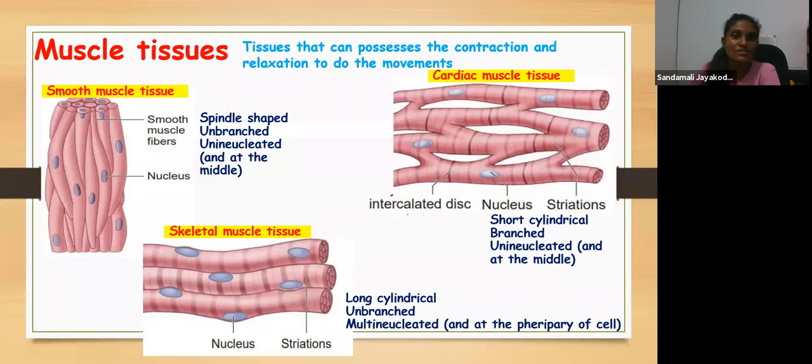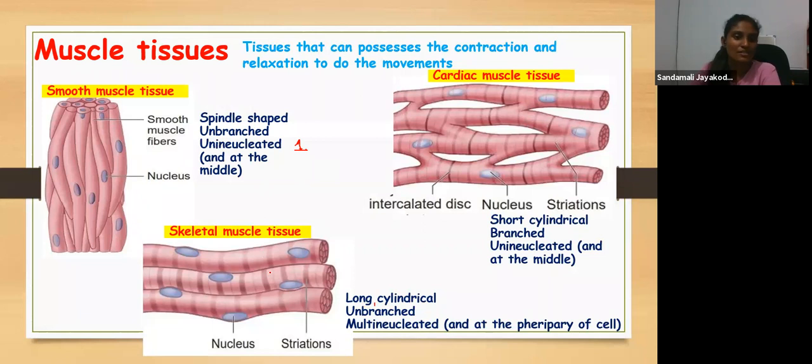In the case of smooth muscle tissue, these smooth muscle cells are spindle shaped. They have tapering ends at the end of the cell, and they are not branched, they are unbranched, just a single cell, and uninucleated. There's only one nucleus at the middle of the cell. And then when it comes to skeletal muscle tissue, they are long cylindrical cells.